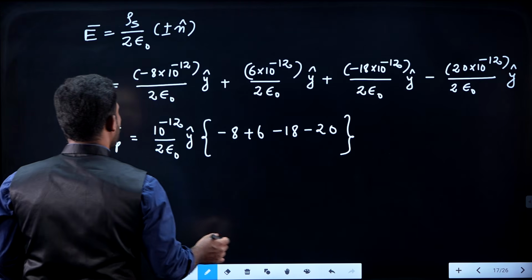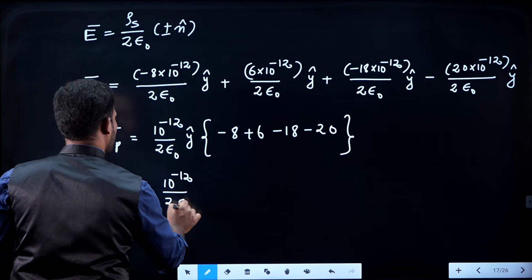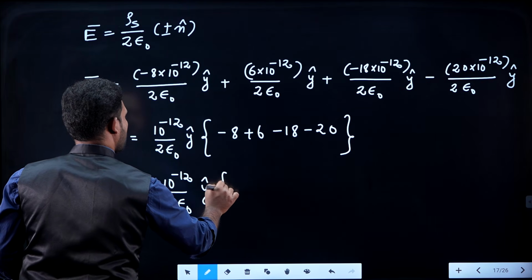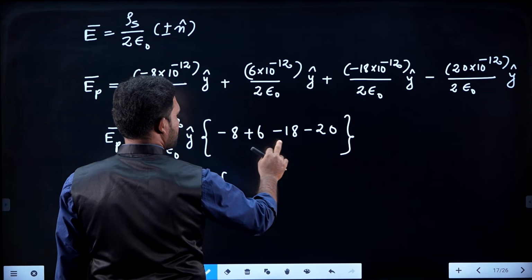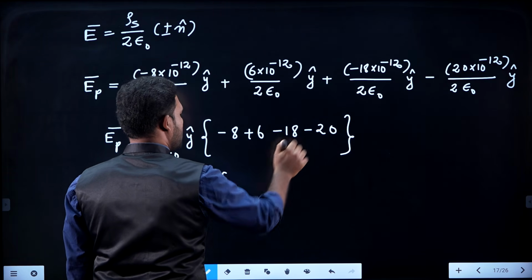It is asking only the magnitude. So, 10 to the power of minus 12 divided by 2 epsilon naught into y cap. This is 20, it is minus 40.